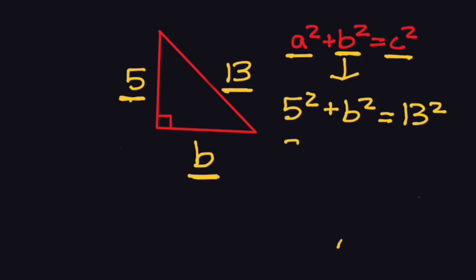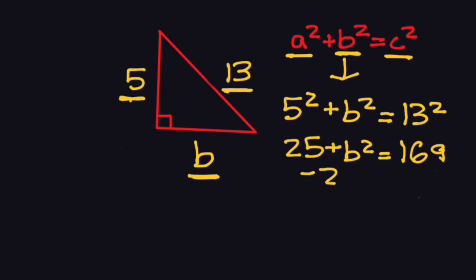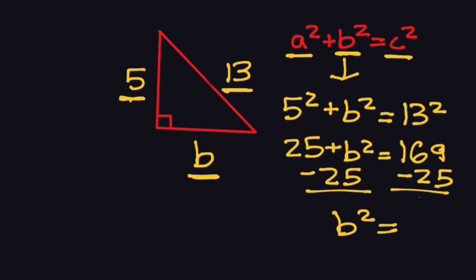So now we can just solve the equation as we did last time. 5 squared is equal to 25. 25 plus b squared, which stays the same, is equal to 13 squared. Now 13 squared is 169. So now we have 25 plus b squared is equal to 169. And now to get b squared on its own on one side, we can subtract 25 from both sides. So now we have b squared is equal to 169 minus 25, or 144.